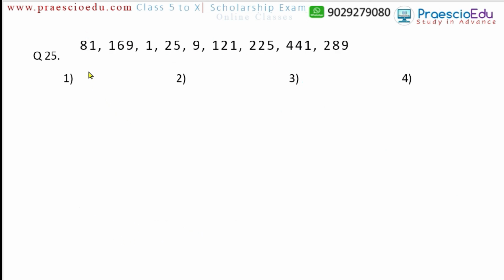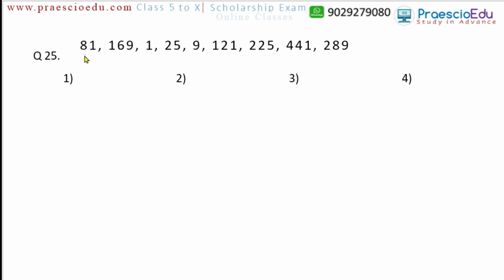Question number 25. In the above series, how many of the square numbers are squares of prime numbers? So we have to find out, these are the square numbers we got. We have to find the numbers which are squares, and instead we can find the square roots.